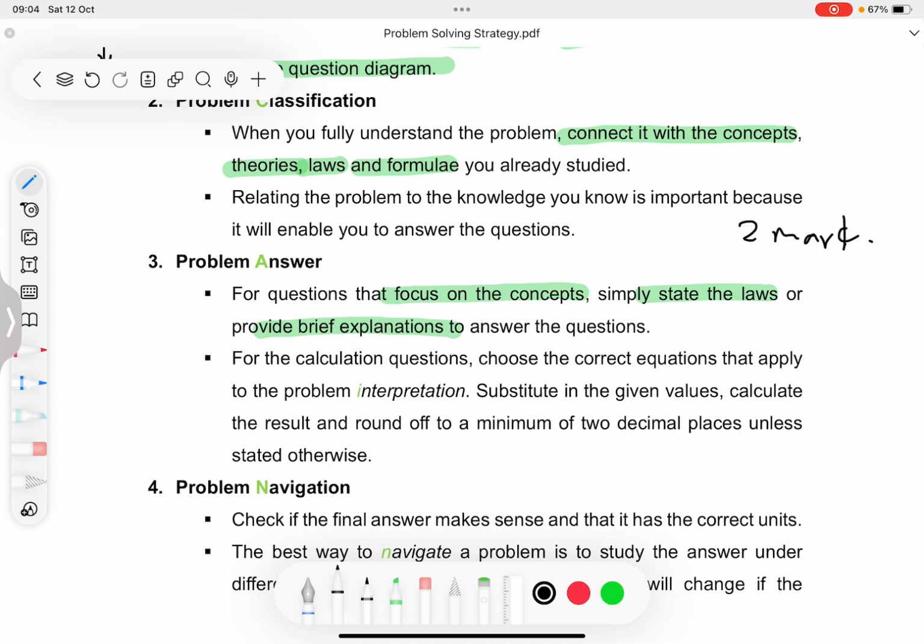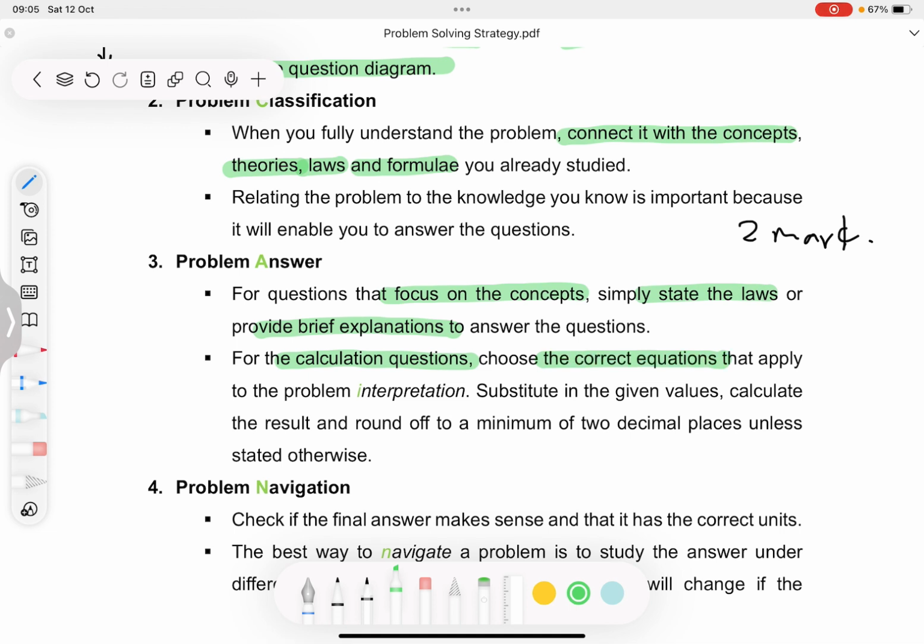The other type is calculation questions. Obviously, at this stage, we know what formulae to use based on how we have read the problem, from problem interpretation and problem classification. It means now at this stage, you just choose the correct equation that you need to use in solving that problem.